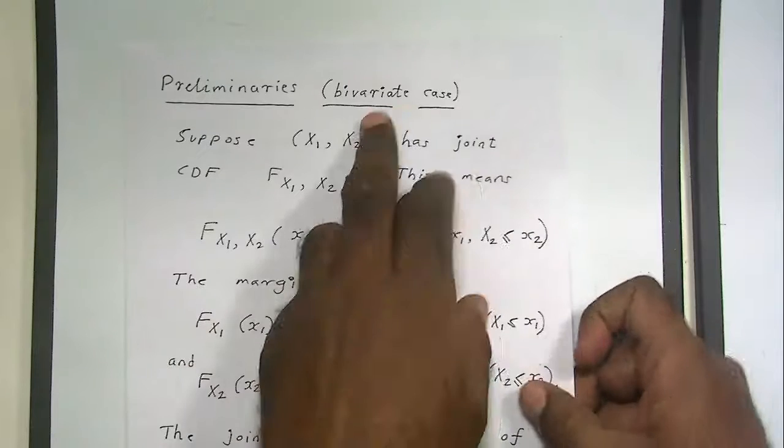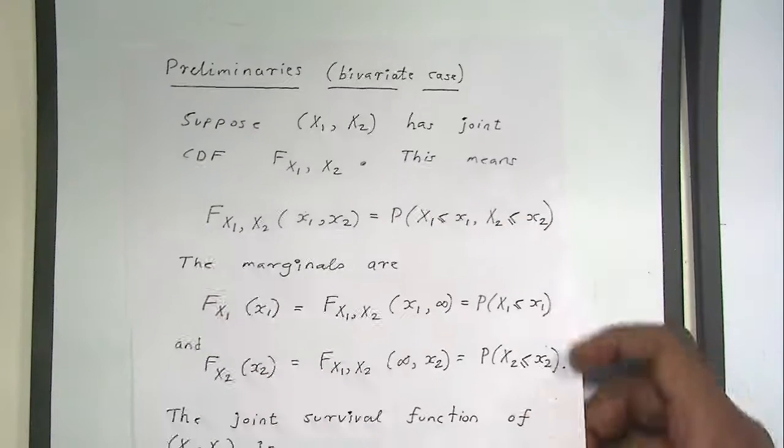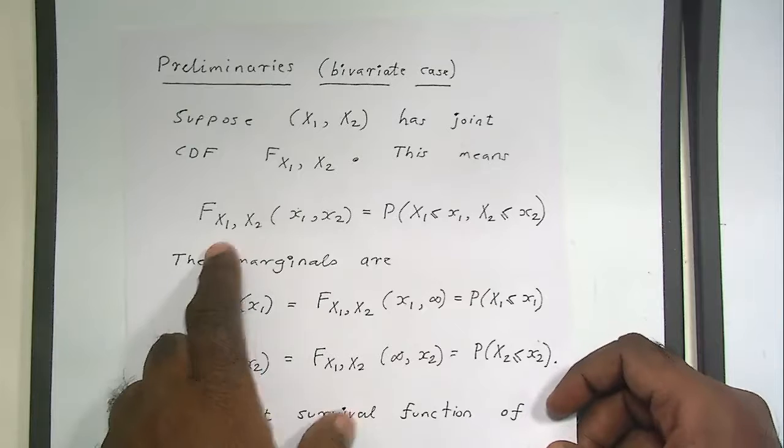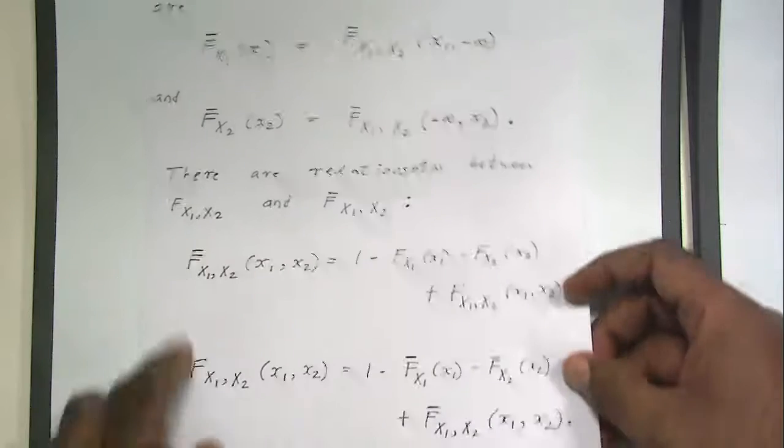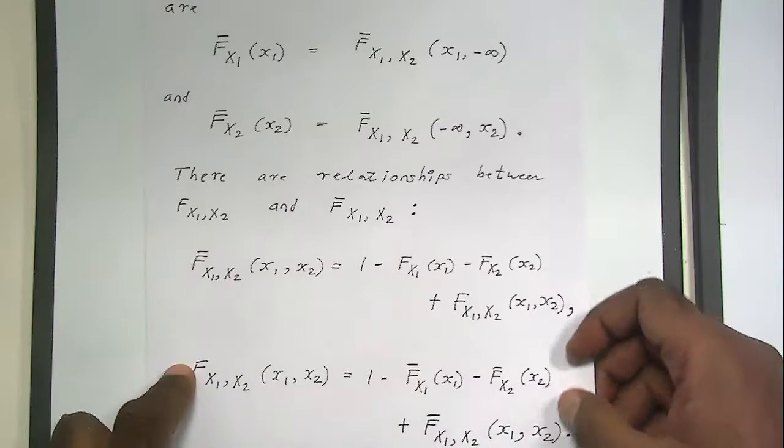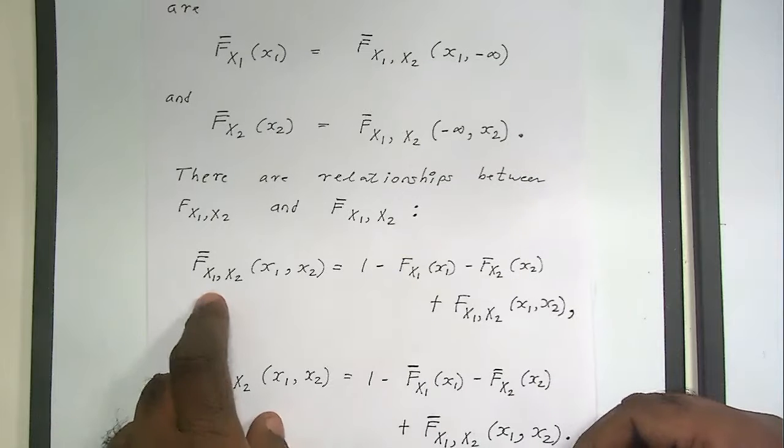These are preliminaries for the bivariate case, where I introduced the joint CDF, the marginal CDFs, the joint survival function, and also the marginal survival functions. Then there are two relationships between the joint CDF and the joint survival function.